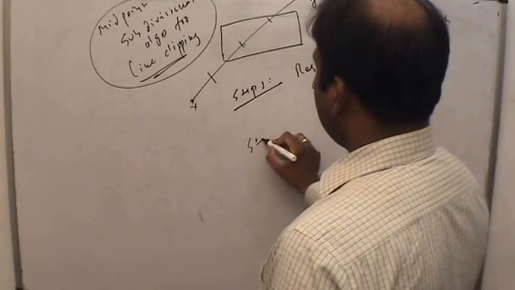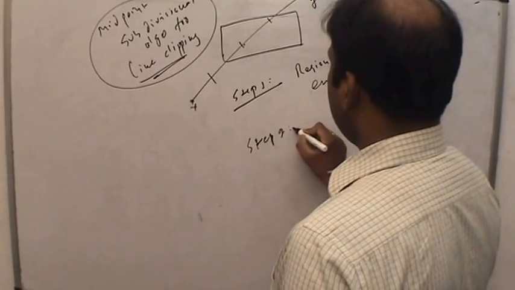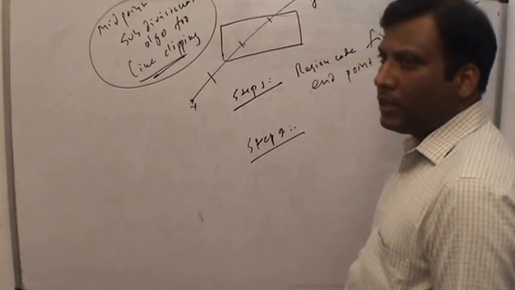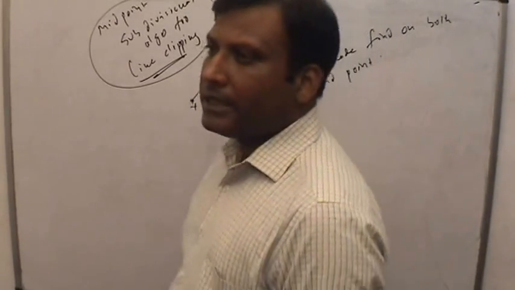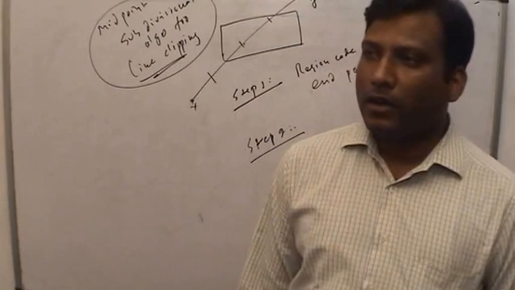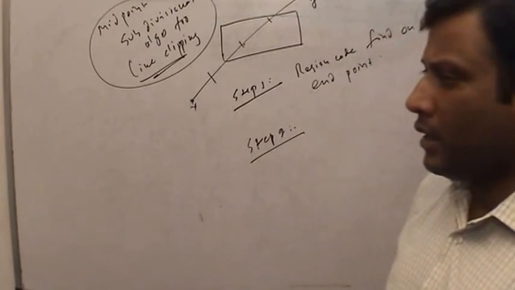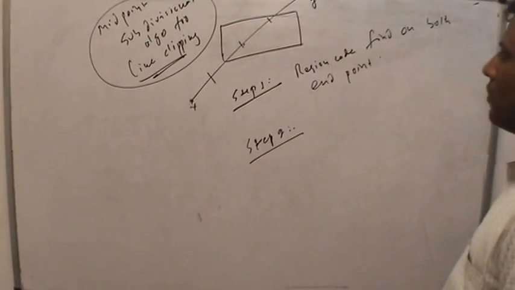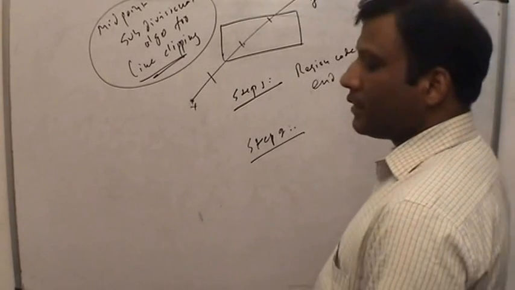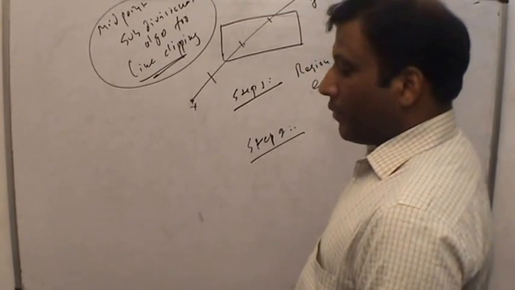Now step 2. How can we find the region code? We have already discussed it in the Cohen-Sutherland algorithm. As it is, we find the region code of both endpoints, and step 2 is to find the clipping category.